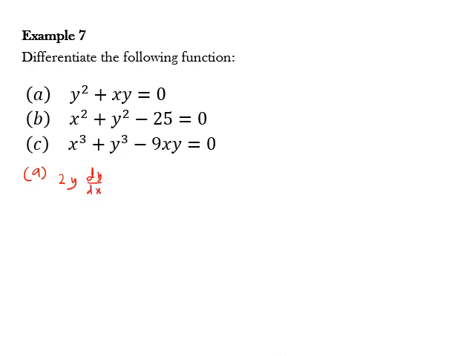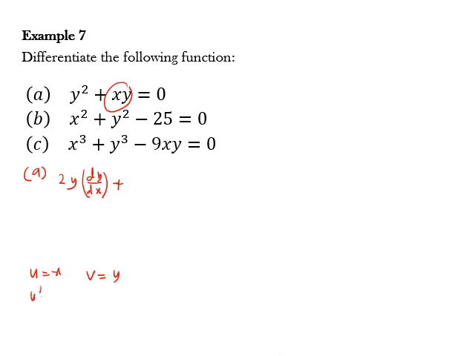Every time you differentiate y, plus x times y here, you need to perform the product rule because these are two different variables. So u equals x, v equals y.